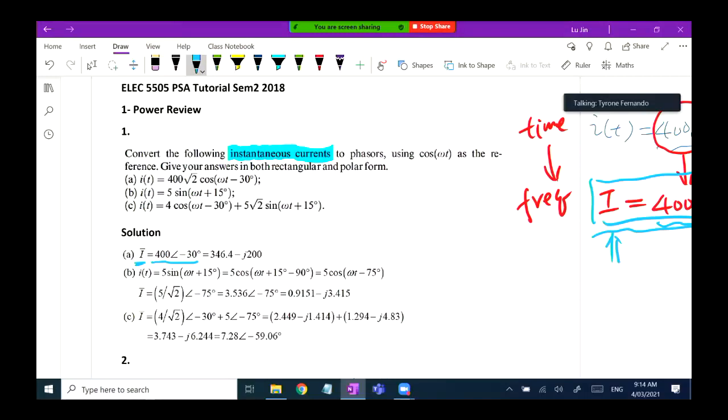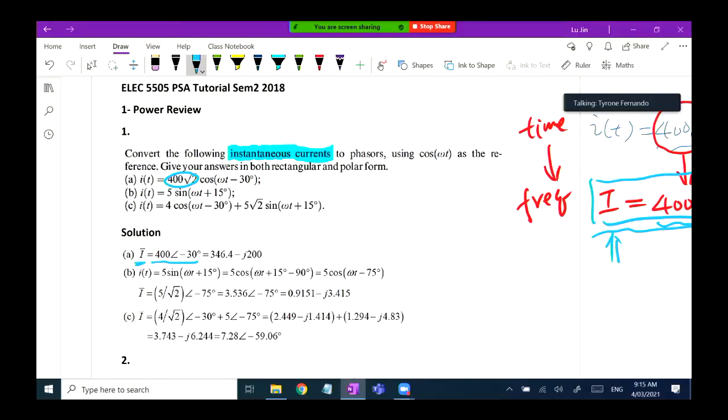So in the cosine or sine functions, if we know the amplitude of the cosine function or sine function, how do we calculate the root mean square value? You can do the integration and divide by the period T to calculate that, but the result is very simple. The root mean square value of the cosine or sine function is the amplitude divided by square root of 2.